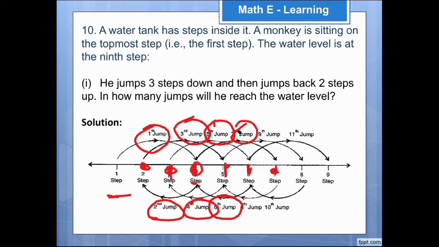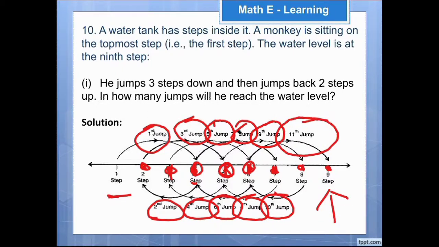And then after the 8th jump, 1 and 2, his position is here. Then again counting 3, 1 2 and 3, he reaches here after the 9th jump. Then after the 10th jump, 1 and 2, he reaches here. Then counting 3, 1 2 3, he reaches the 9th step after the 11th jump.